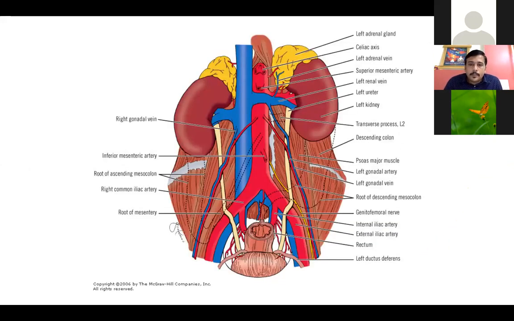You can see in this picture, these are the ureters here. Up to the bifurcation of the common iliac arteries is the abdominal part, and below that we have the pelvic part.